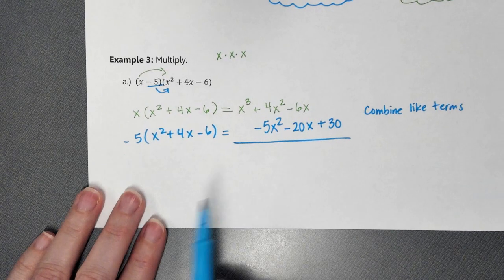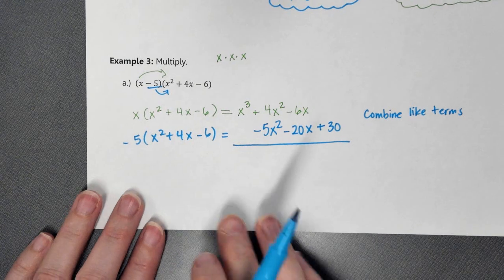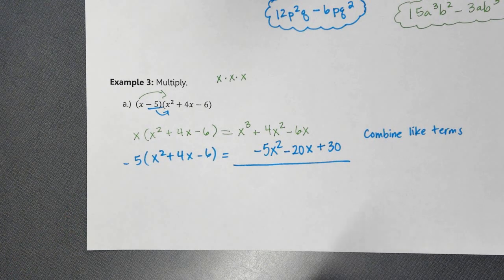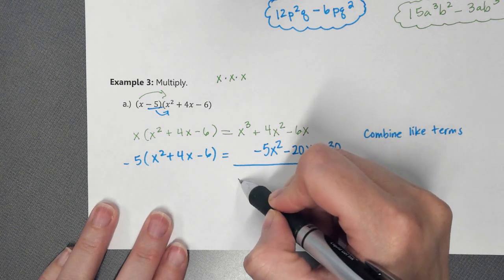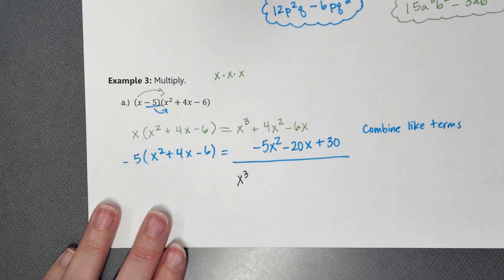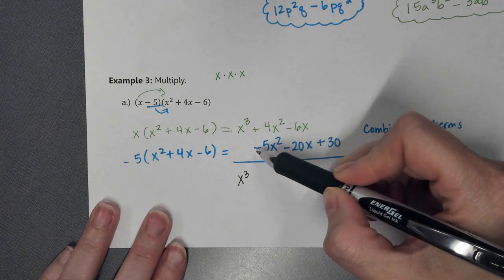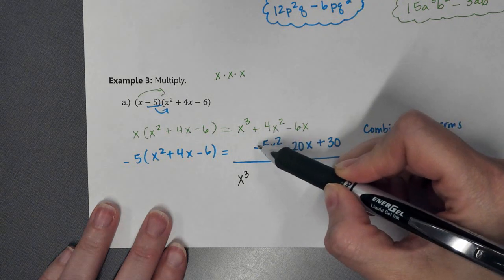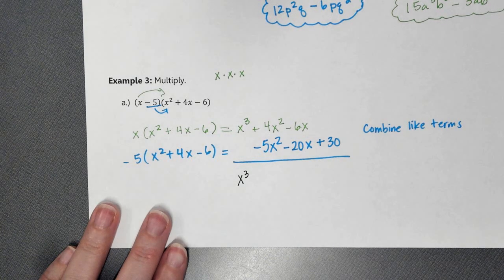This is actually what you guys did last week when you had to add straight down. So when you combine the like terms, x cubed, there's only one x cubed. When you're combining like terms, you just have to add or subtract. So this is 4 minus 5. What's 4 minus 5? Negative 1.